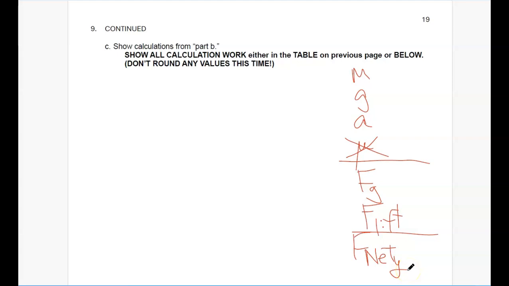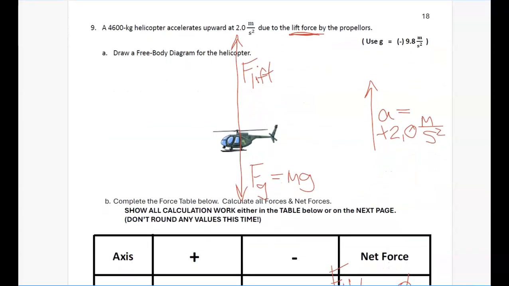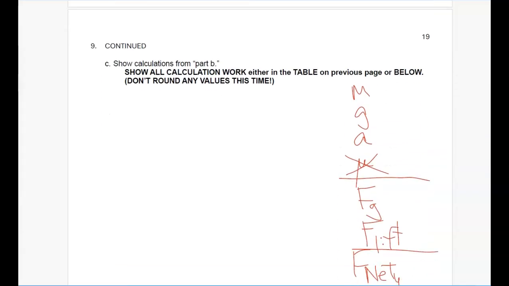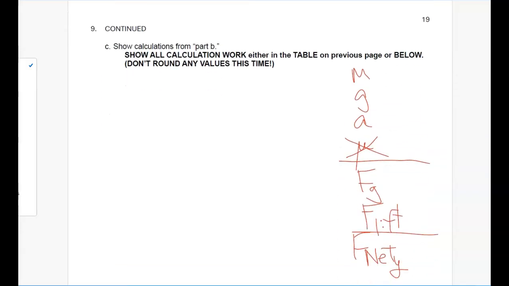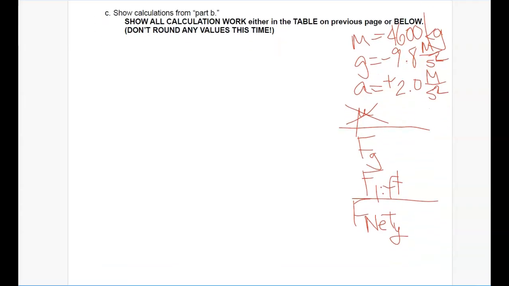We look back here, we are told the mass of the helicopter is 4,600 kilograms, and the acceleration is plus 2 meters per second squared. So we can fill those things in right away. We know this is 4,600 kilograms. We know the acceleration is plus 2.0 meters per second squared. And we know gravity is minus 9.8 meters per second squared. So it's pretty easy from this information to calculate weight.